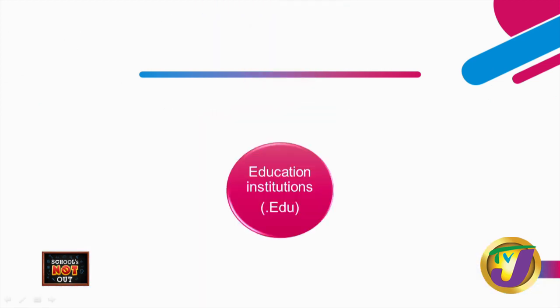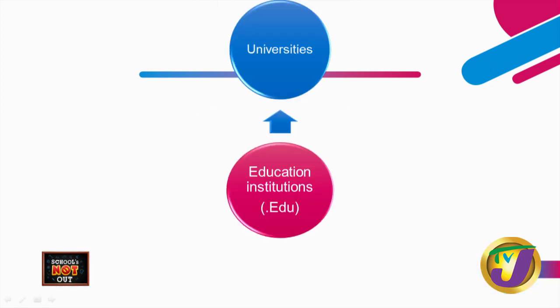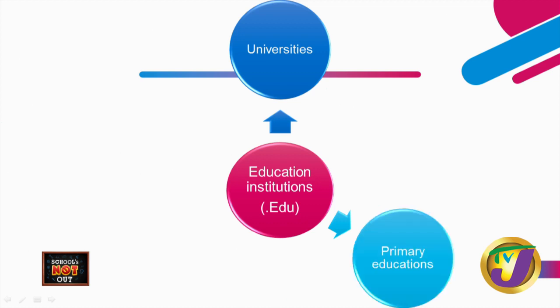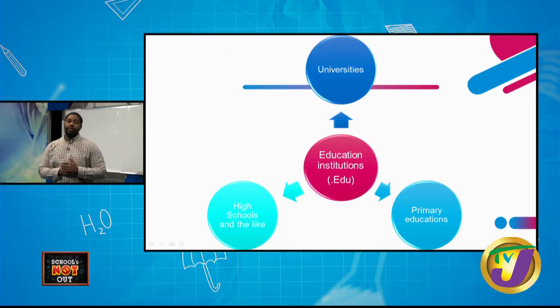So just giving you insight as to reasons. One final one is educational institutions. The fact that you're watching Schools Not Out now doesn't mean that TVJ is an educational institution, but your school is an educational institution. And so you might have a website that is .edu. Check out the websites of University of Technology, University of the West Indies, NCU, ICU, whatever they are.